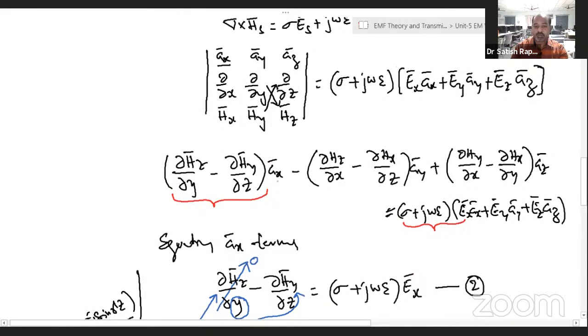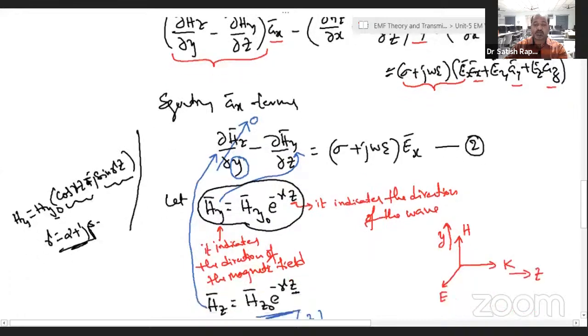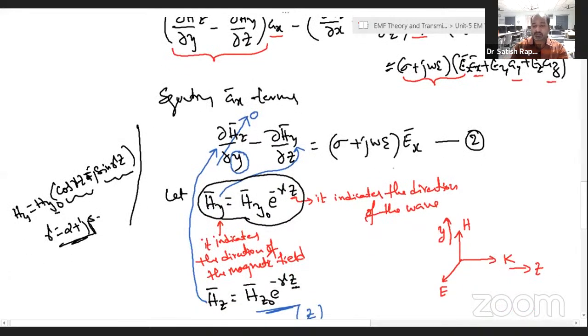Here you can see on the left hand side ax, ay, az, and on the right hand side ax, ay, az. So you can equate ax terms, or ay, or az terms, right? Here I'm equating the ax term, and equating the ax term, we will get equation 2, right?